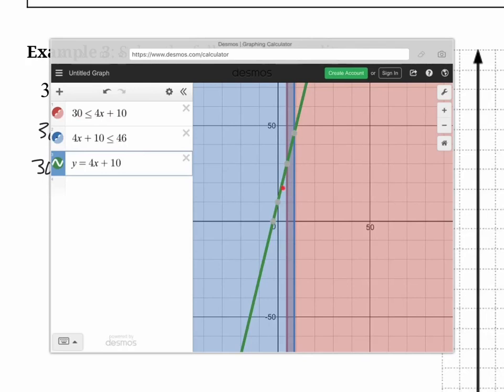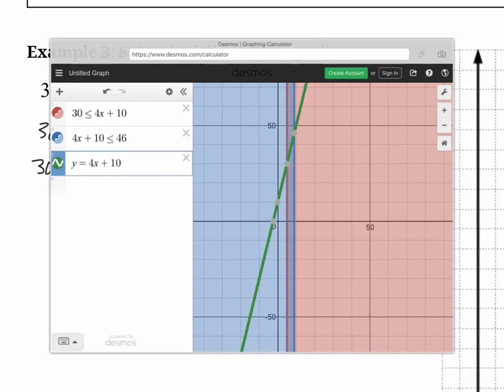Wherever the red and the blue overlap, you can see it's making a darkish reddish bluish color. That's where the solution must be. So in between 5 and 9, that is the only time when the function is greater than 30 but less than 46, just in this little sliver right here.